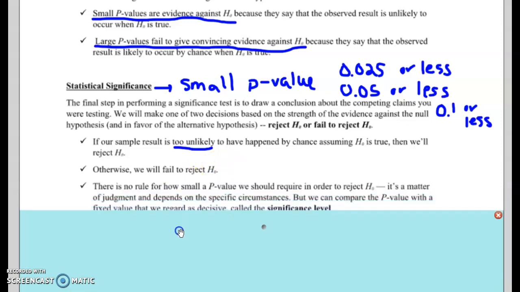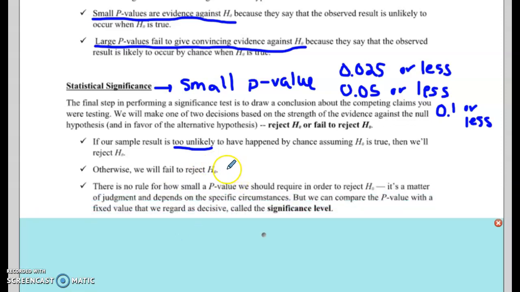We never accept, never use the word accept, because we're basing it off of some sample value, and it is possible to get a sample value that wouldn't really give us evidence to accept. So we're just going to say fail to reject if we get a large p-value.